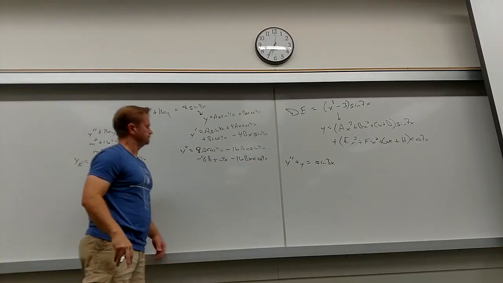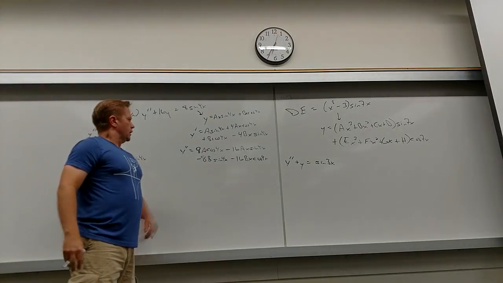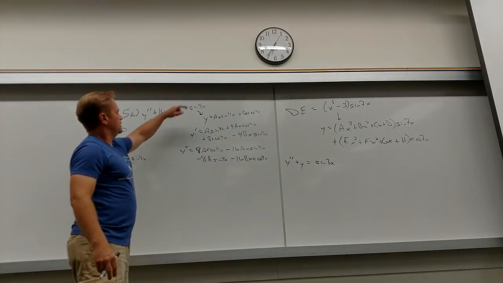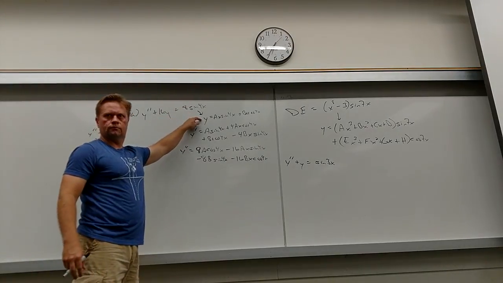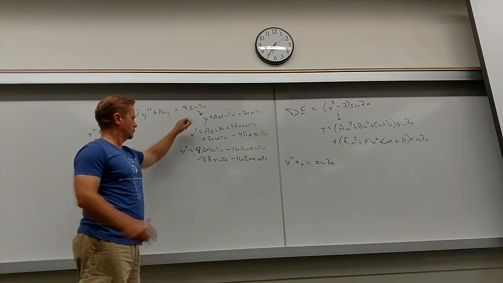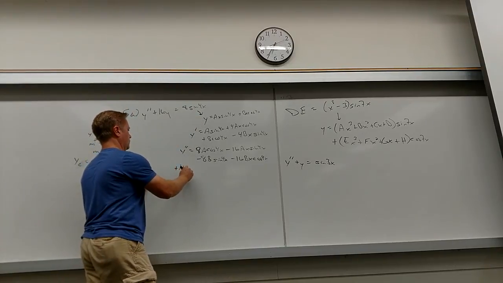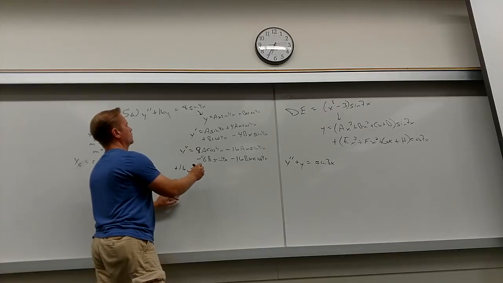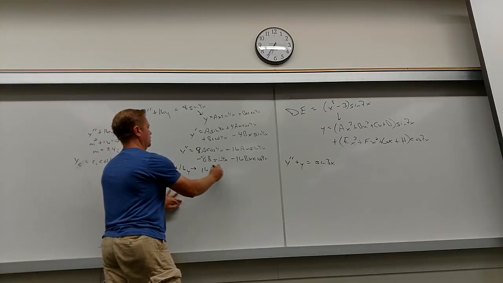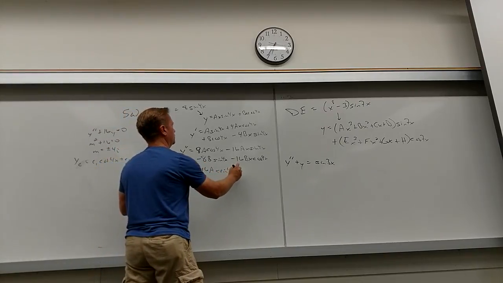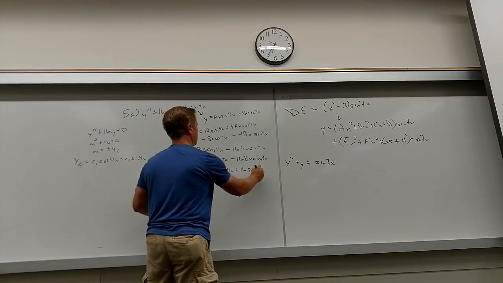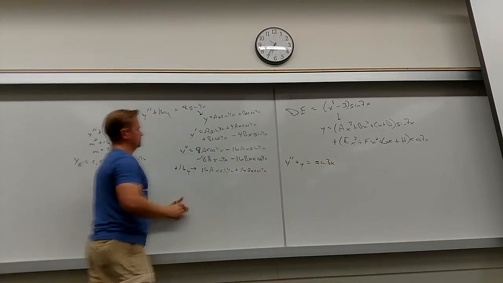Yum yum. So now you've got to do y double prime plus 16 of these. So it'll be 16ax sine 4x plus x cosine x.